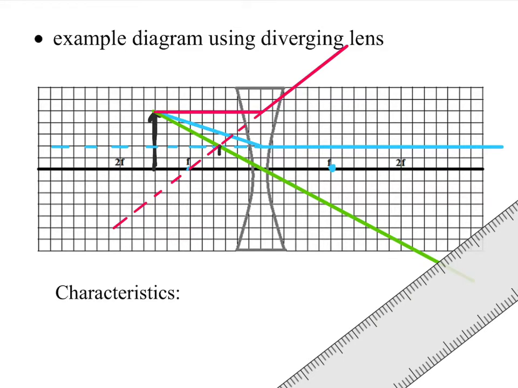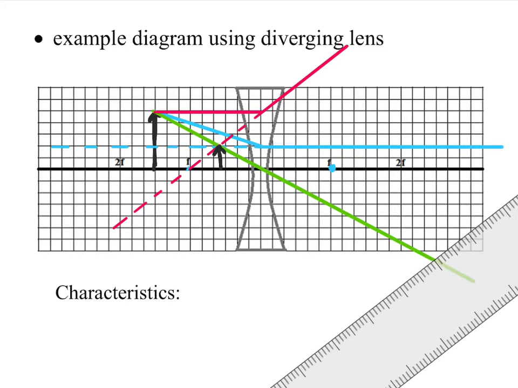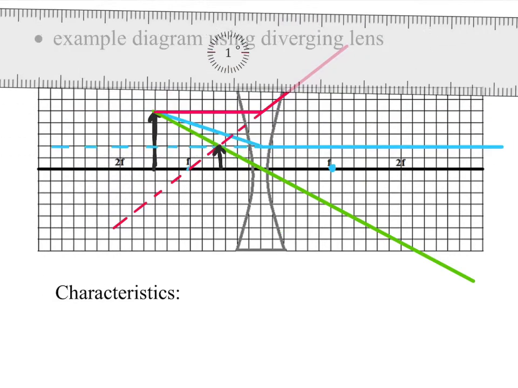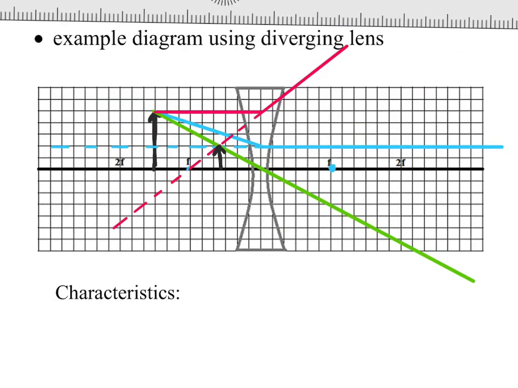All right, and where do our three lines meet up? They meet up right there. Okay, so what's this telling you? It's telling you that a diverging lens is always going to create a virtual image that is upright, but of course we already know that. We already know that upright images are always virtual.